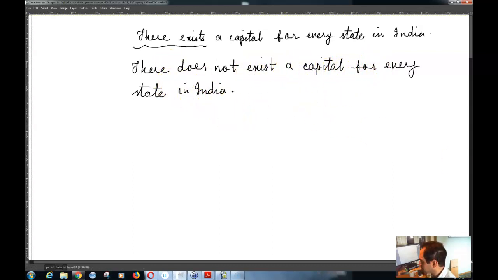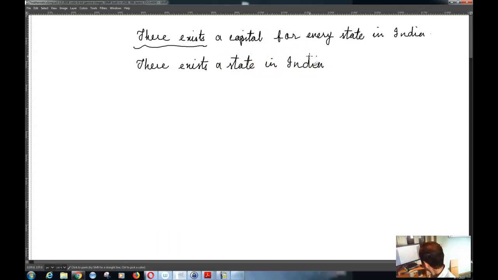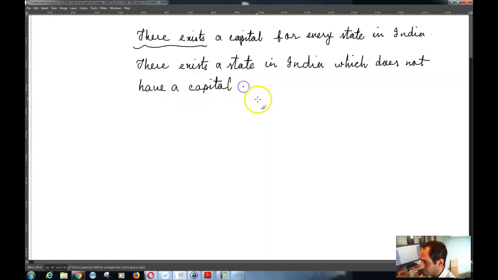But now the way that they have negated this is that they have said there exists a state in India which does not have a capital.